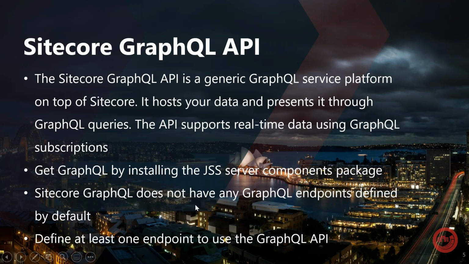GraphQL does not have any endpoints defined by default. So post installation, it will not be enabled. We have to make minor configuration changes. To query the CMS data or Sitecore data using GraphQL, we need to enable at least one endpoint.